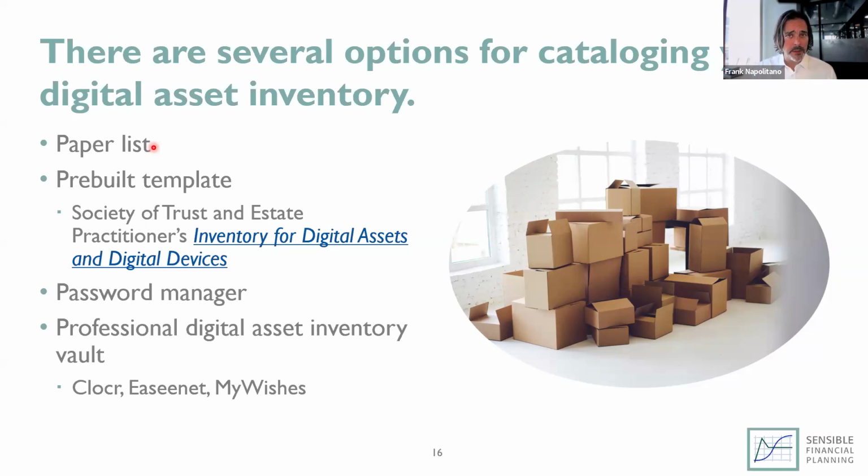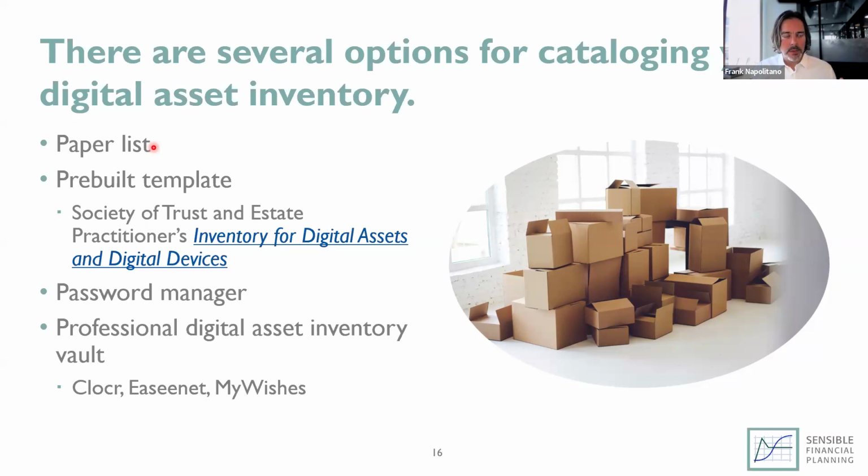There are serious disadvantages with using paper, however, right? So one of those issues we find is that people don't update this list over time. It's difficult if you are out and one of your custodians requires you to change your password. You may change it at your office or while you're on vacation, but you have to remember to go and update that list that's in the safe at the house. That can be difficult.